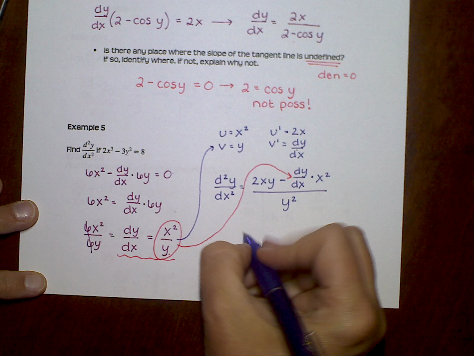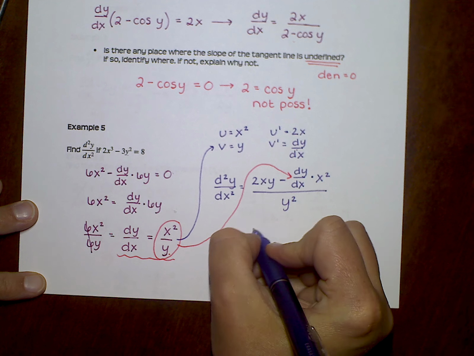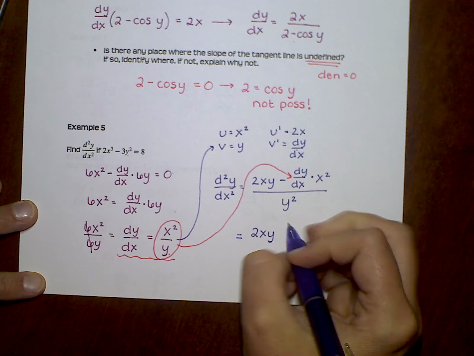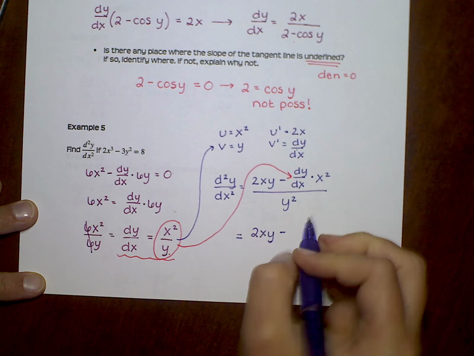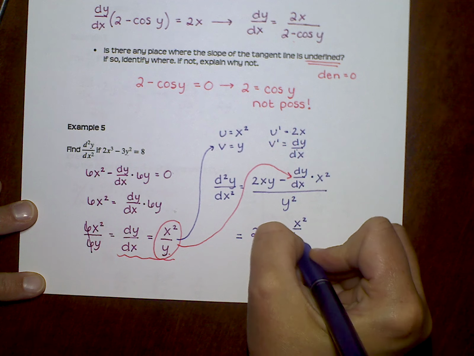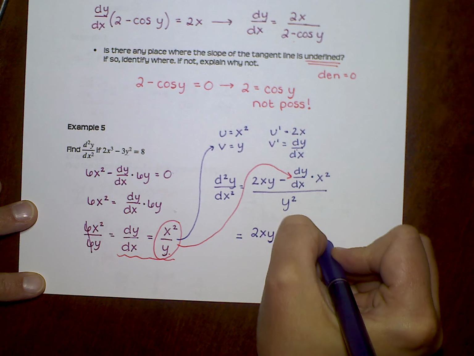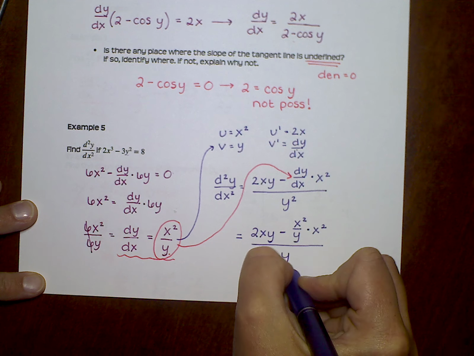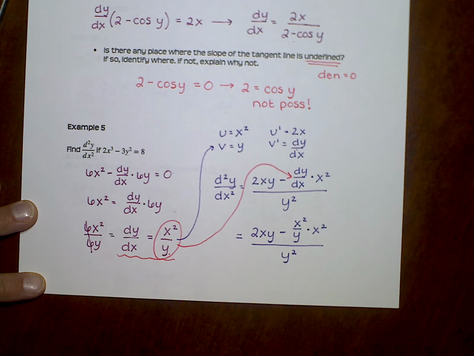So I'm going to rewrite this thing, and you can decide how much simplifying you want to do. Sometimes you might need to do more than others. So 2xy minus, and in place of dy dx, I'm going to say x squared over y times x squared. And all of that is over y squared. So that's it. That's your second derivative.